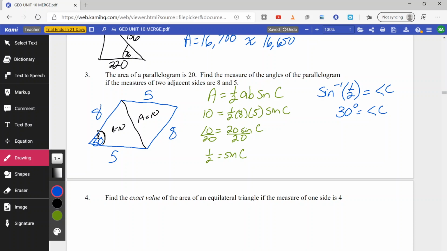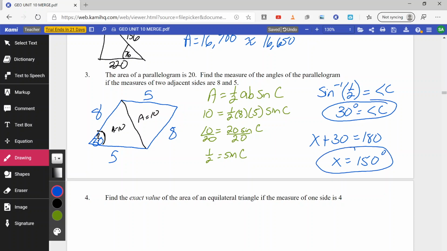So we know the other angle, x plus 30, is going to give me 180 degrees. Which means if we subtract 30 from both sides, we get our other angle to be 150. So the two angles in our parallelogram are 150 and 30 degrees.